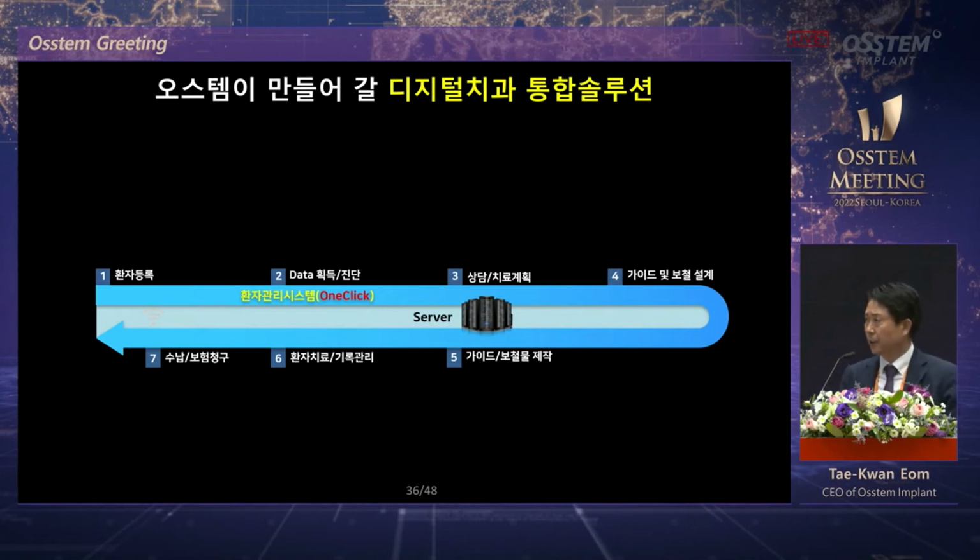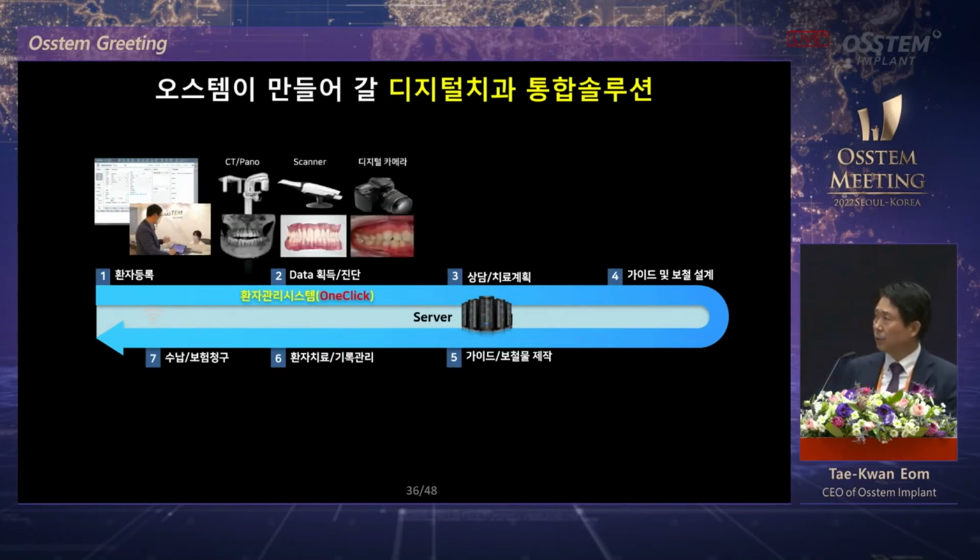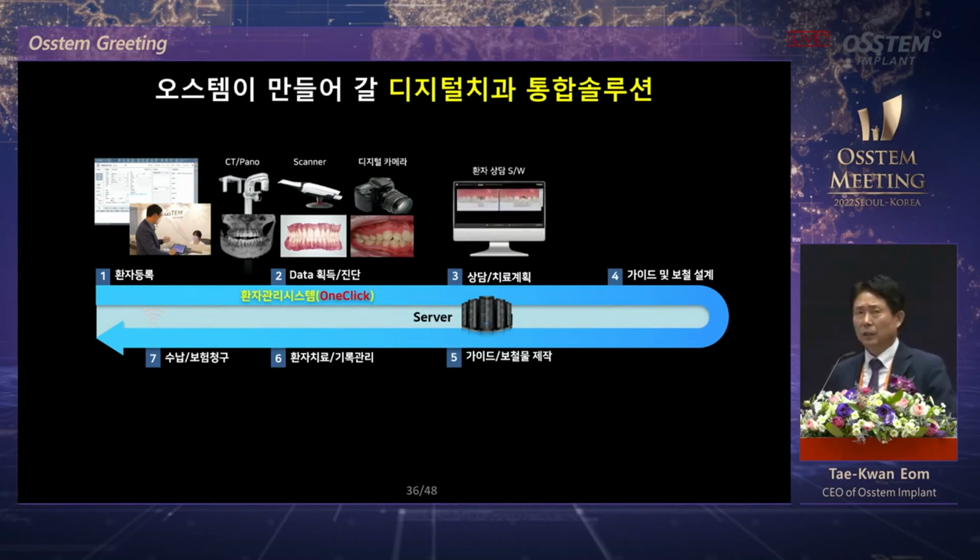Digital. This is the integrated solution for digital dentistry. The blue one is PMS, patient management system, in the server. And patient registration is used for patient registration, and for CT taking, the CT scanners and digital cameras are all linked to get data.